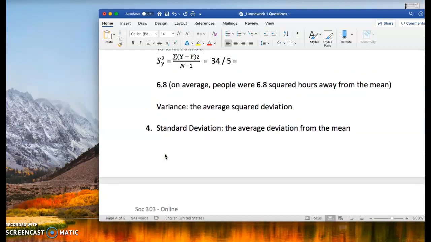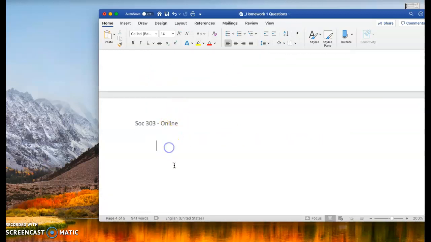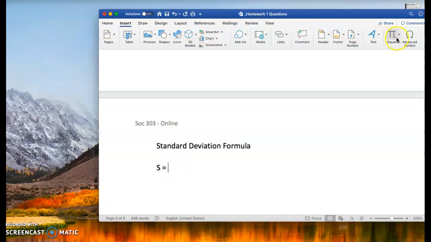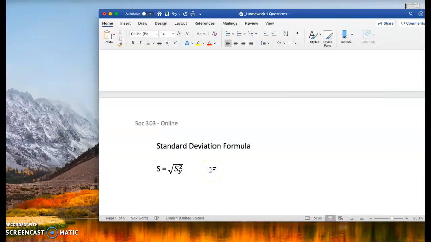All we have to do is square root the variance. The formula for standard deviation is really simple because we just use the letter S to signify standard deviation, and then we're quite literally going to square root the variance. We write out a radical sign, and we're going to square root the variance.